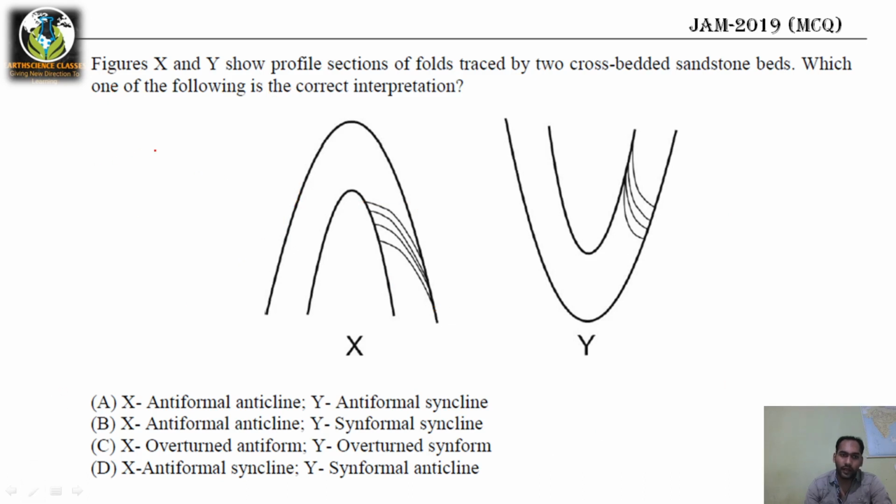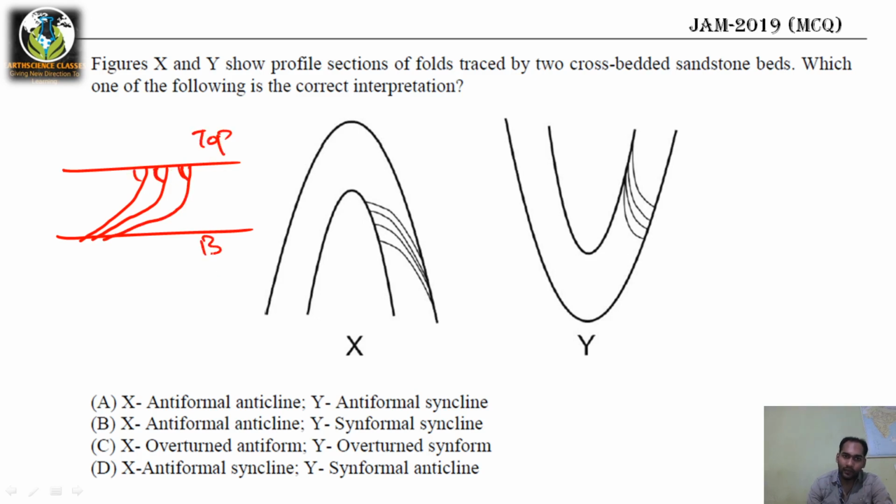So cross bed. All of you know what the cross bedding structure is? Truncated top and tangential bottom, right? You can see this is the top strata and this is the bottom strata.